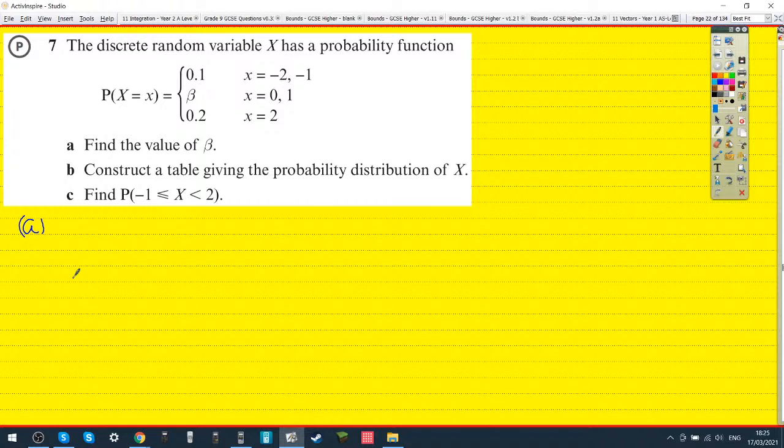Fine. Is it 0.7? But I don't think so. If it has to add up to 1. It's 0.7, correct? Okay.